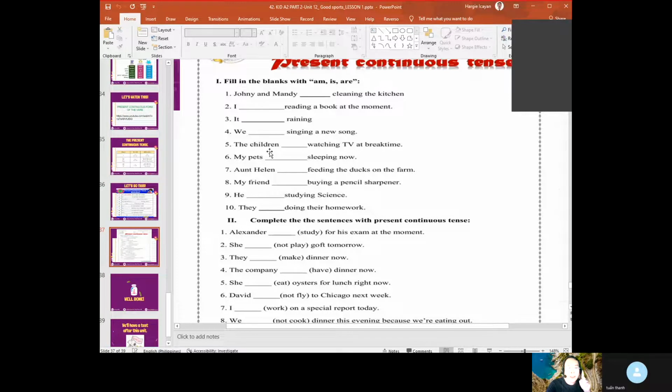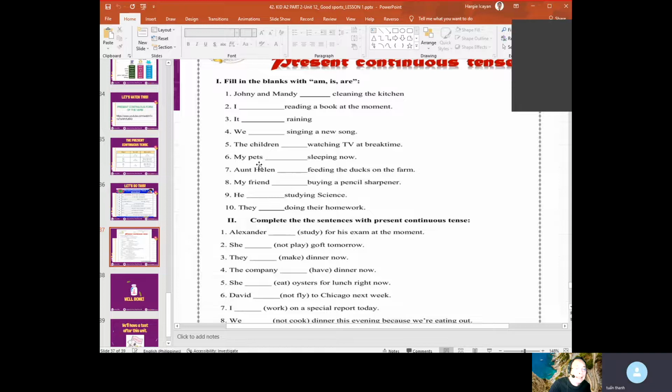If we are talking only of one, the child, we need to take the be verb is. But since we're talking of children, it's more than one, so we have to take the be verb are. Did you get it? So what's the correct answer here? The children are watching TV at break time. Did you get it? Okay, next, number six.